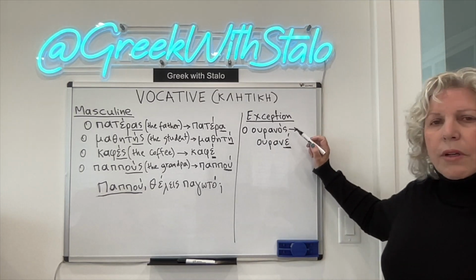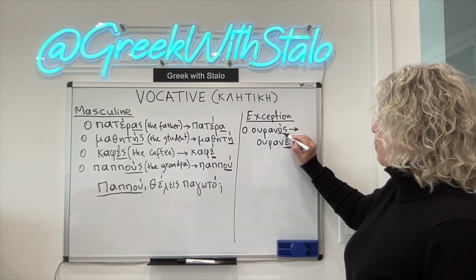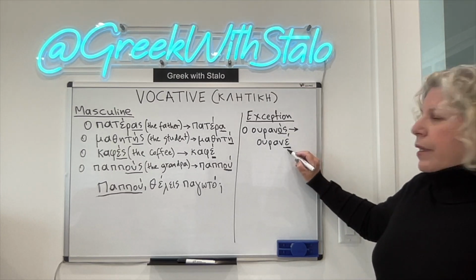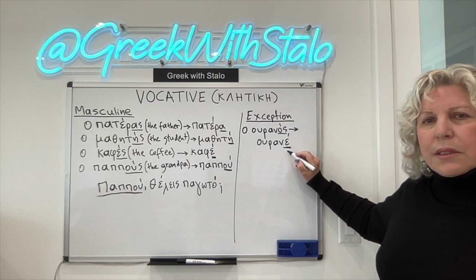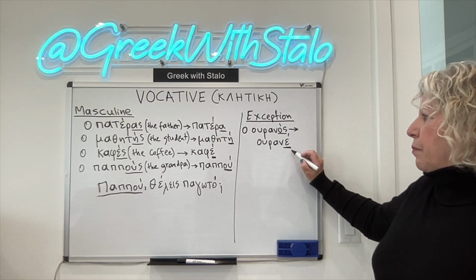So when a masculine noun ends in os, the vocative becomes just epsilon, e, ουρανέ.